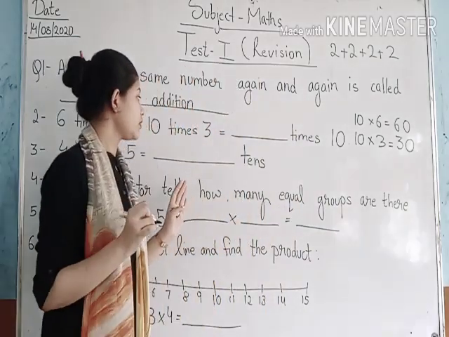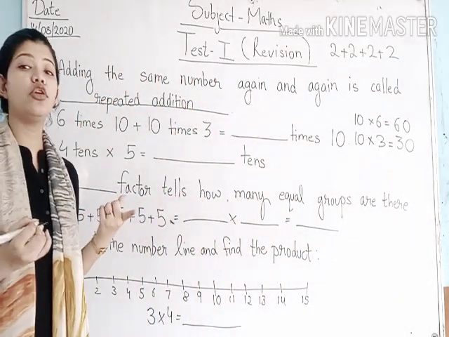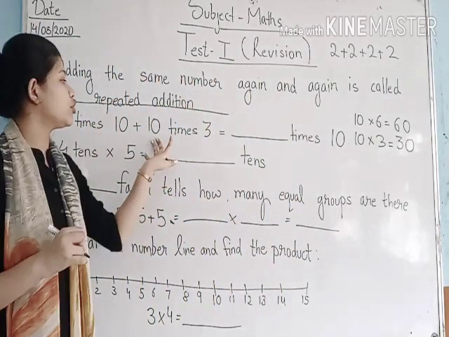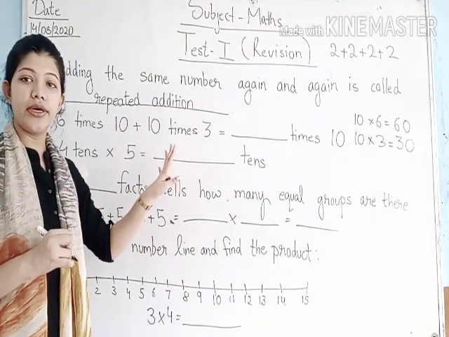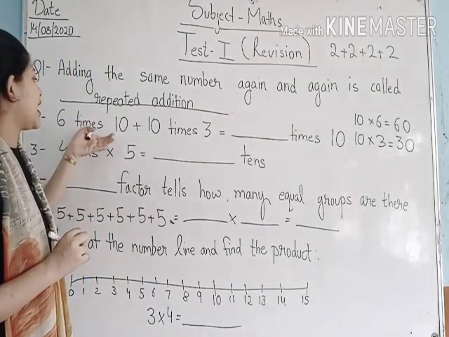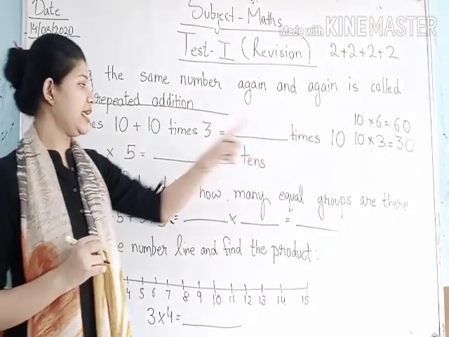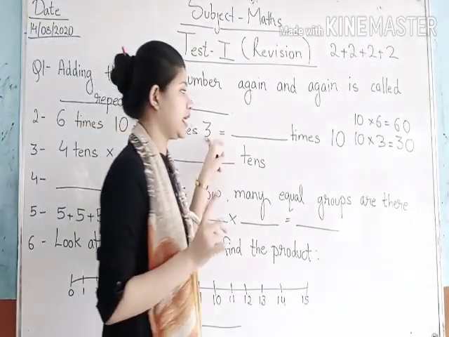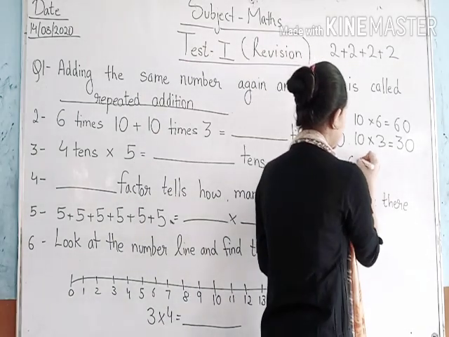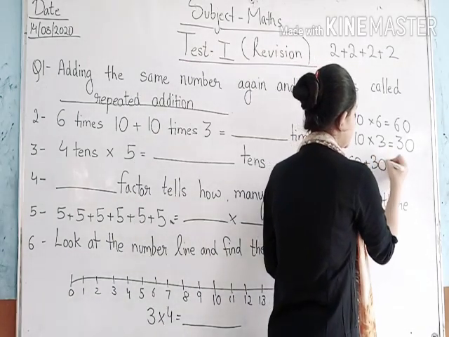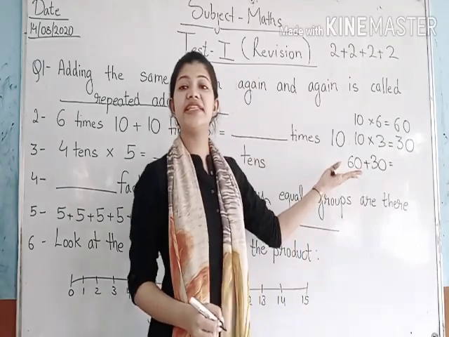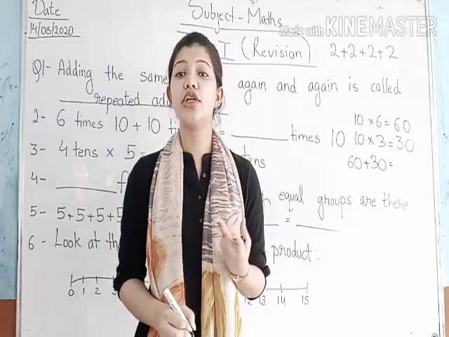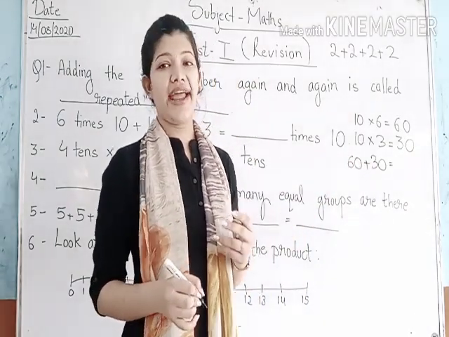Clear? Now you have to add both of these numbers. 6 times 10 is equal to 60 plus 10 times 3 is equal to 30, so we add 60 plus 30. 60 plus 30 is equal to, yes, 90.